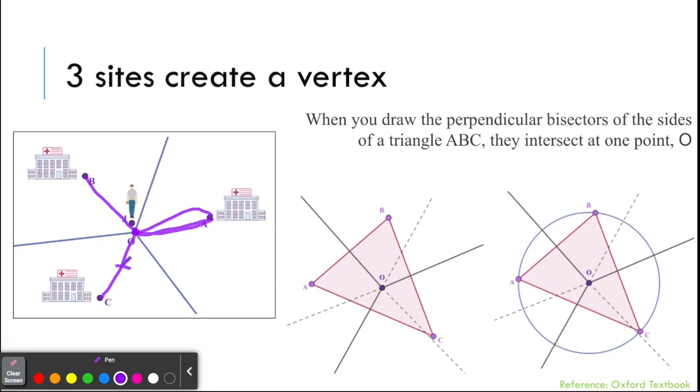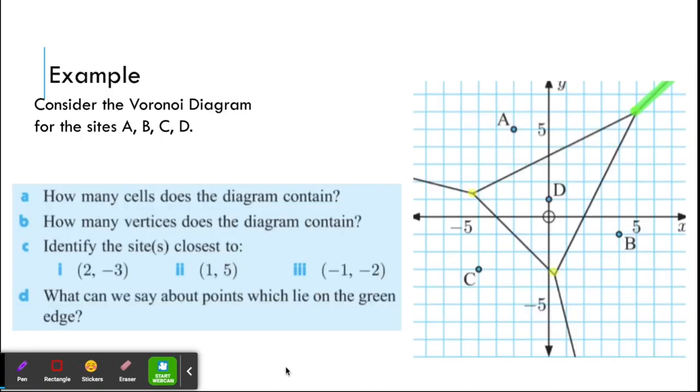So if I could draw 2 lines to represent that they're all the same distance. And that's the important part of understanding what a vertex means to us.